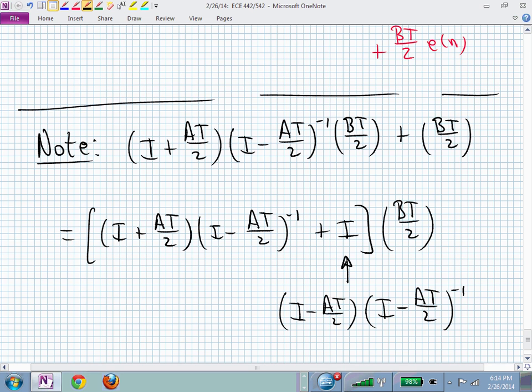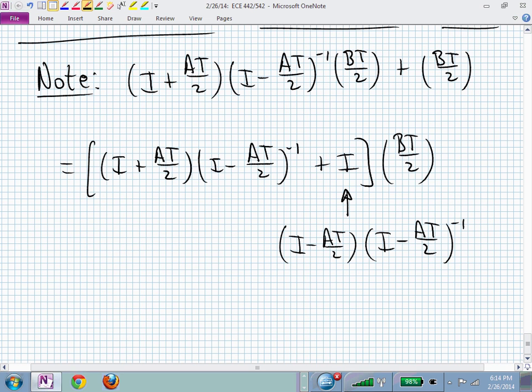So now I'm going to replace I, this identity matrix, with a matrix times its inverse, inside the square brackets. And if I do that, and at the same time factor out this common term on the right, I minus AT over 2 inverse, pardon?